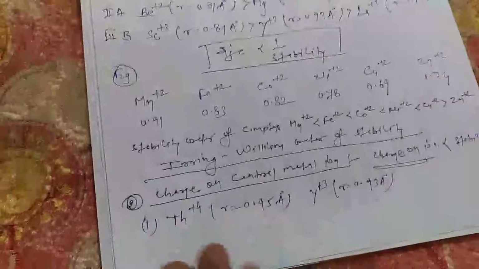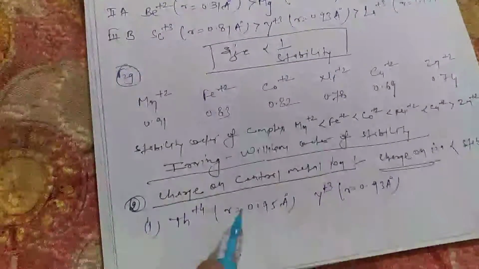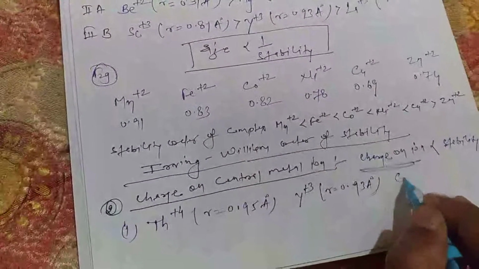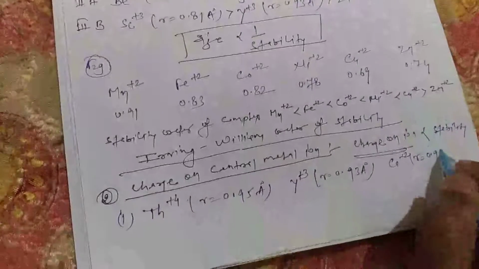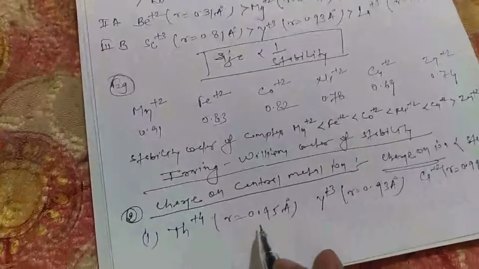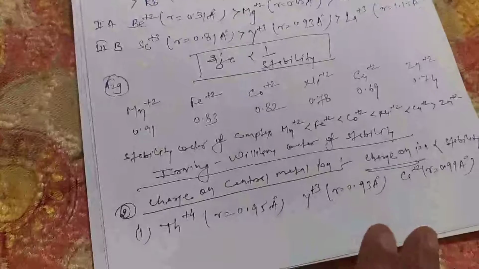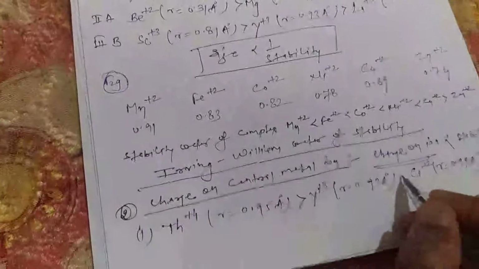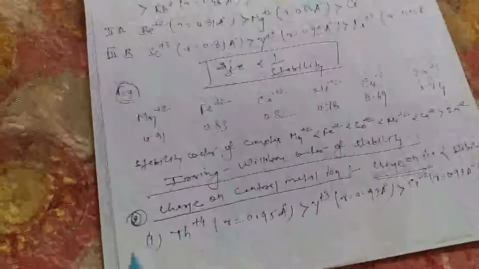So here the sizes are almost similar but the charge is different. Calcium plus 2, r is 0.99 angstrom. As you can see, 0.95, 0.93, 0.99, almost a similar size of the metal ion, but the charge is different. So higher the charge, higher will be the stability. This is what you have to answer.